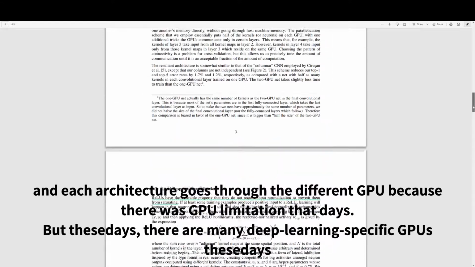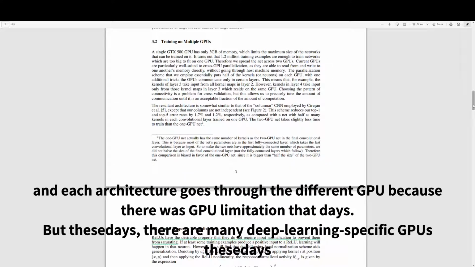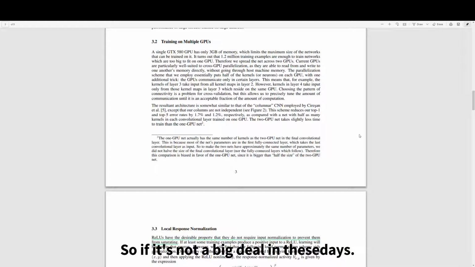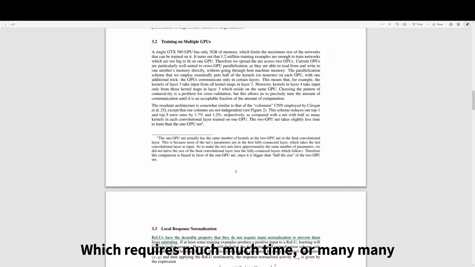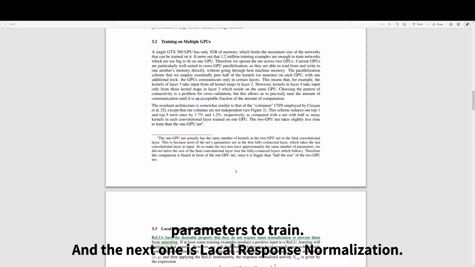But these days, there are many teams running on specialized GPUs, so it's not a big deal. Of course, it can still be used to train big models, which require much time or have many parameters to train.